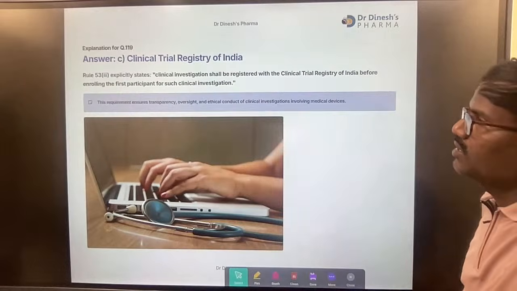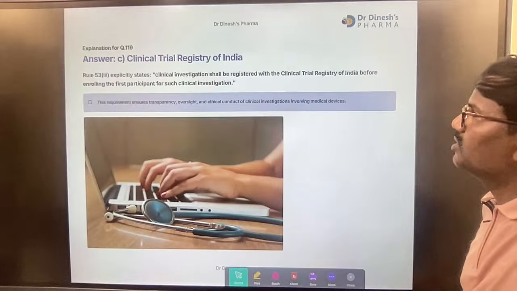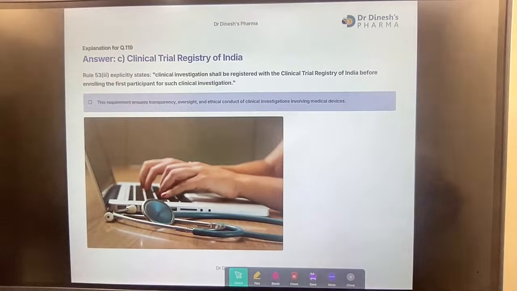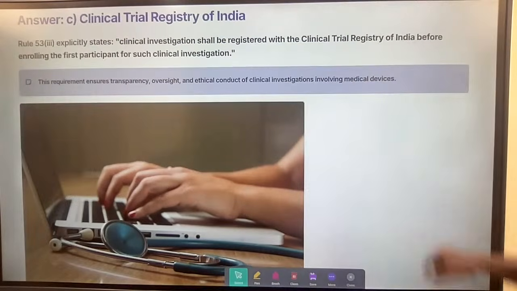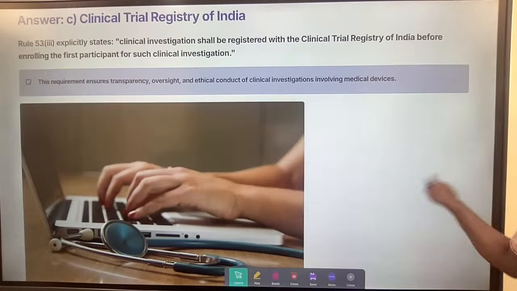Rule 53 states that a clinical investigation shall be registered with the Clinical Trial Registry of India before enrolling the first participant. This requirement ensures the transparency, oversight, and ethical conduct of clinical investigations involving medical devices. Very, very important.